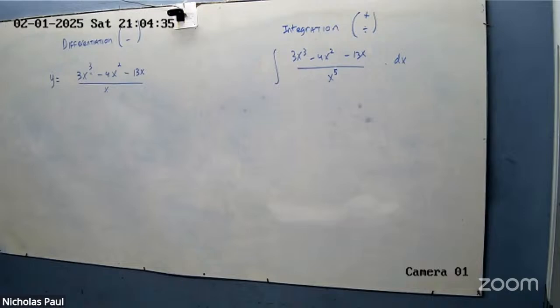Yeah, when you're done dividing by x, then you differentiate. When you finish dividing by x to the 5, then you integrate.